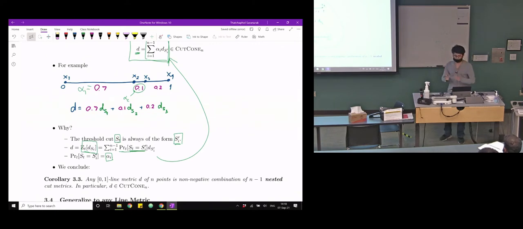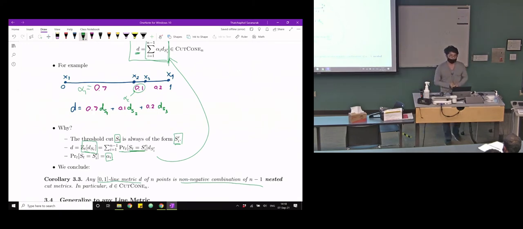I kind of just repeat things in a different way. So what can we conclude? We can conclude that any 0,1 line metric D is just a non-negative combination of n minus 1 nested cuts. They are not just any cut metrics, they're threshold cuts which are nested.